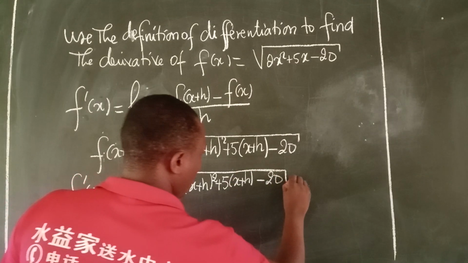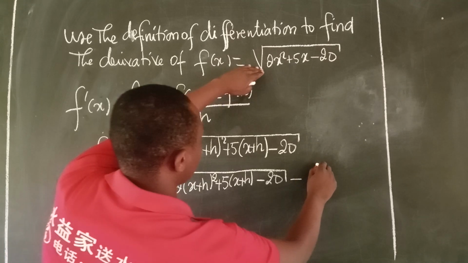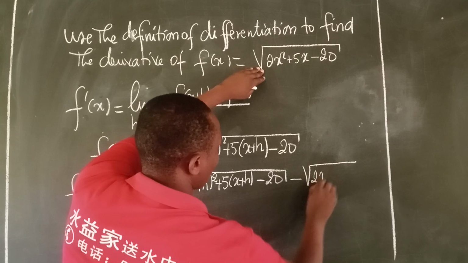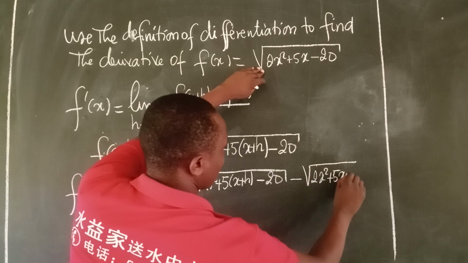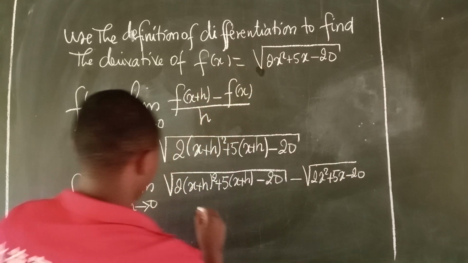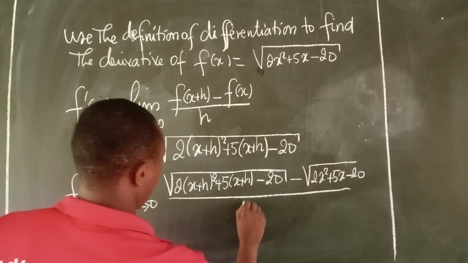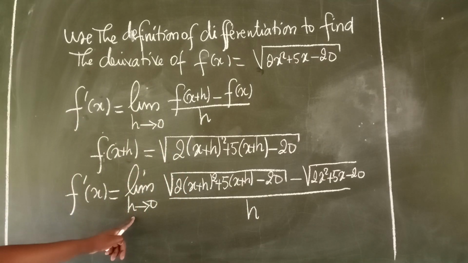Then we subtract f of x, which is the square root of 2x squared plus 5x minus 20, over h. Remember, h is very small.